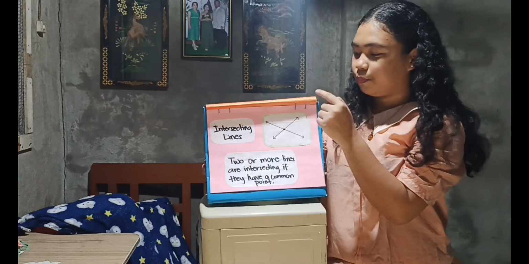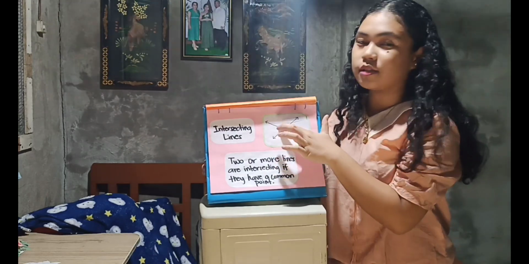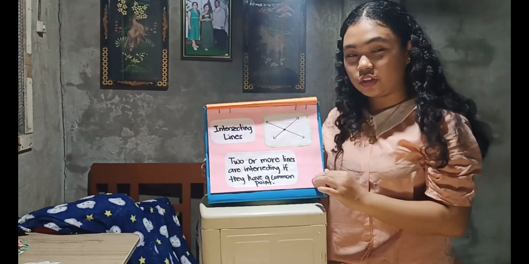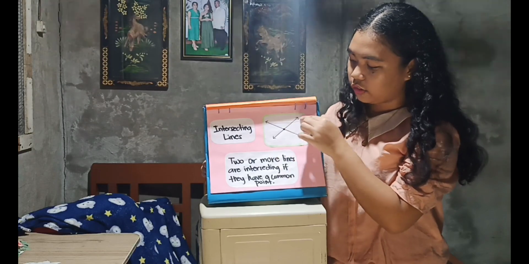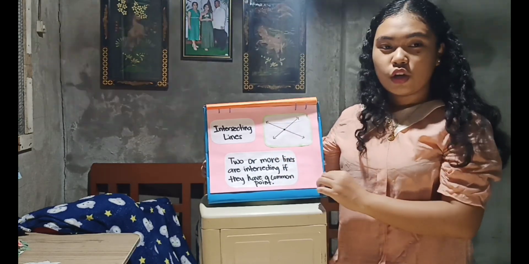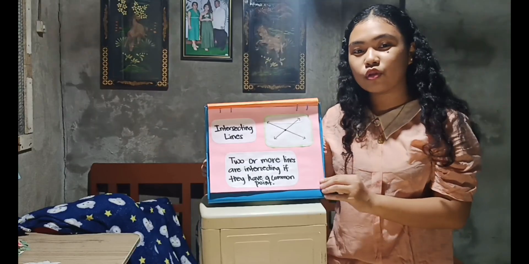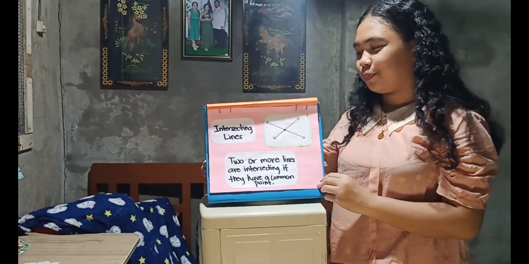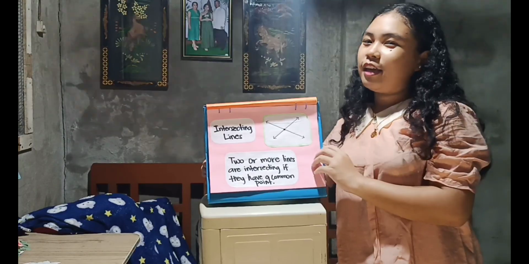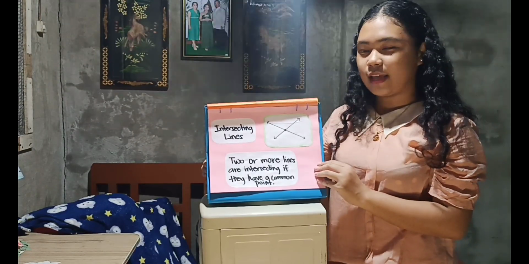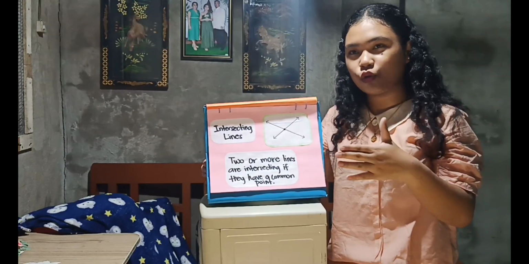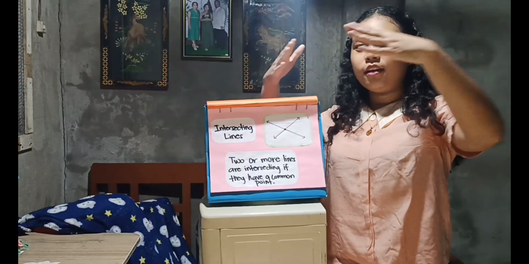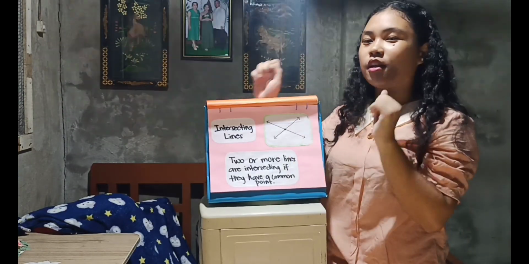We can call it point A. So this is the common point of the intersecting lines. As you can see, two lines are intersecting with each other. So what are the examples of intersecting lines? Very good. A scissor is one example of intersecting lines. Another example is a crossroad, like in Japan, where the roads intersect with each other.